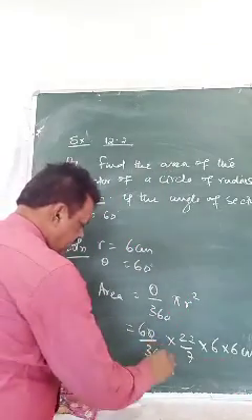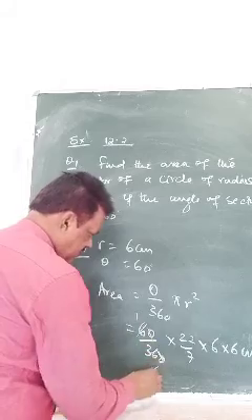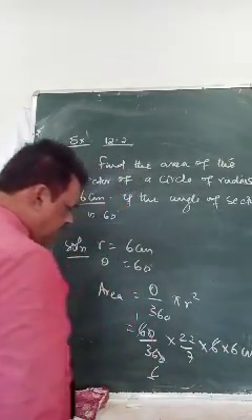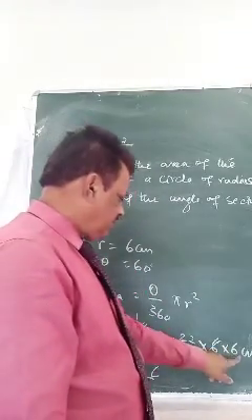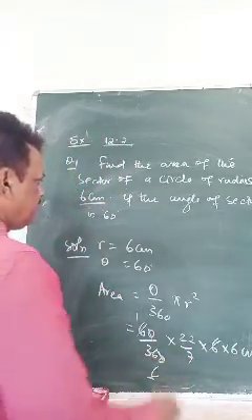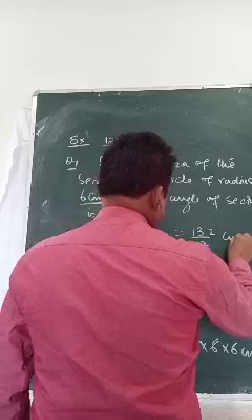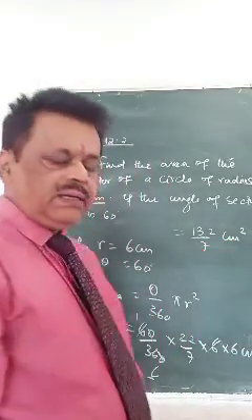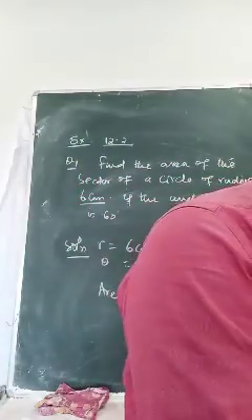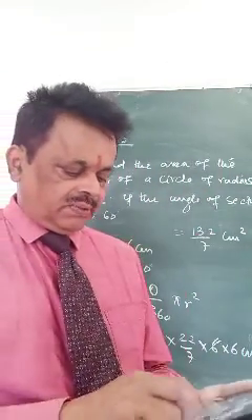Okay, 0 cancel, 6 1 6, 6 6 cancel. How much do you get? 132 by 7 centimeter square. You can write in decimal also. See the next question, simple one.